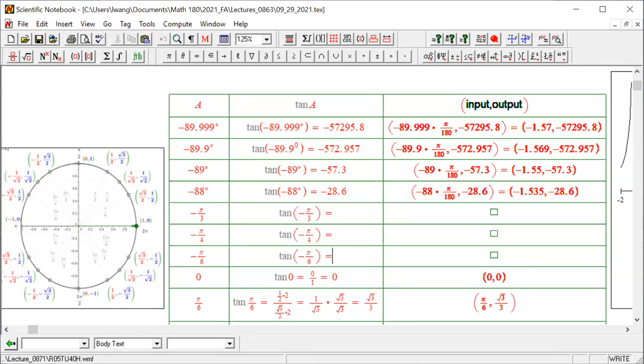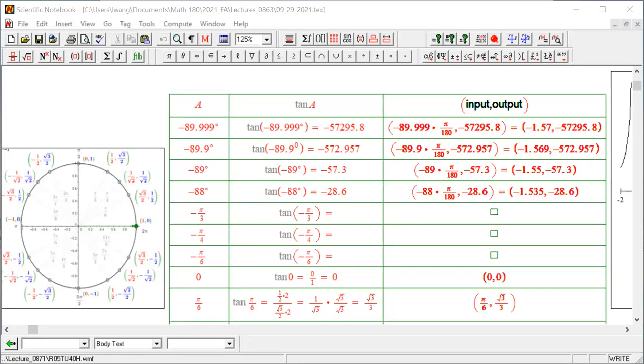So in this case, negative 89.999 would be 269. No. Do you mean tangent of negative 89.999 degrees? You should get a number smaller than that. It should be a negative number.